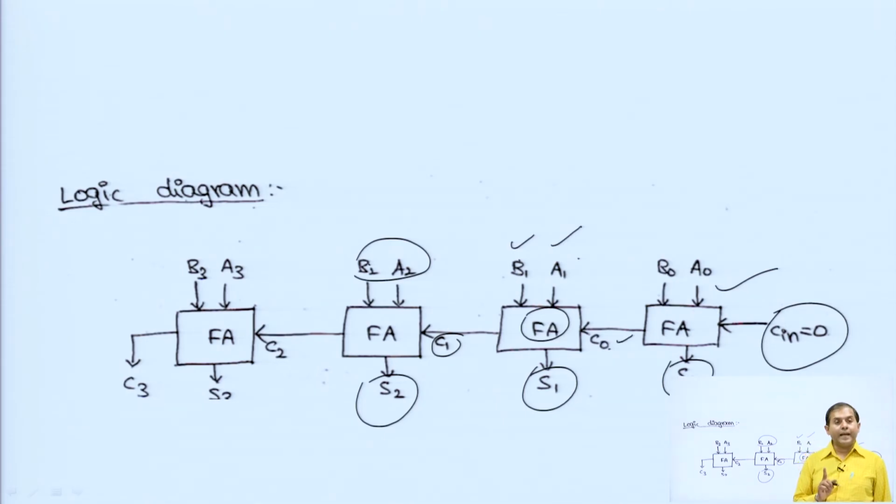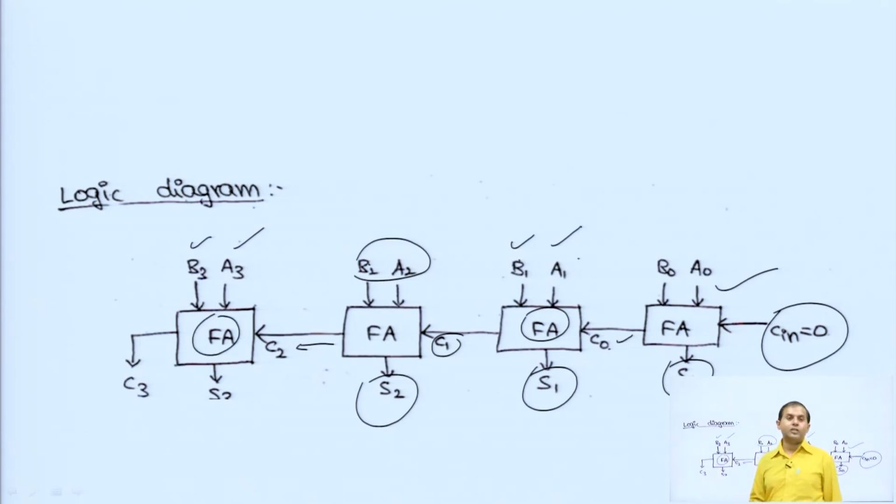What about the carry? Carry C2 will be going to the next full adder. Okay. So, here the inputs are B3 and A3. So, B3 and A3 will be added to C2 because it is a full adder, addition of 3 bits. So, it will be giving S3 as output sum and C3 will be the final output carry.